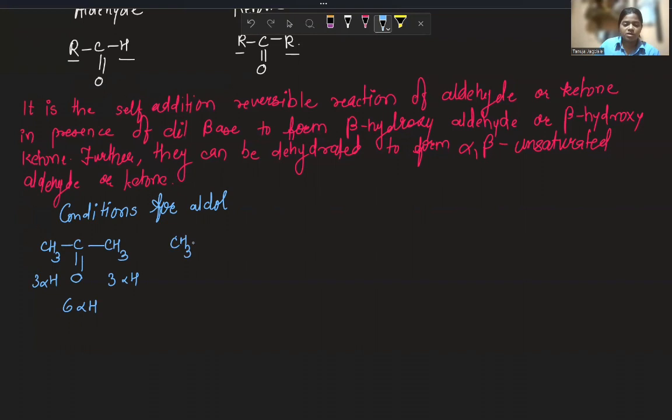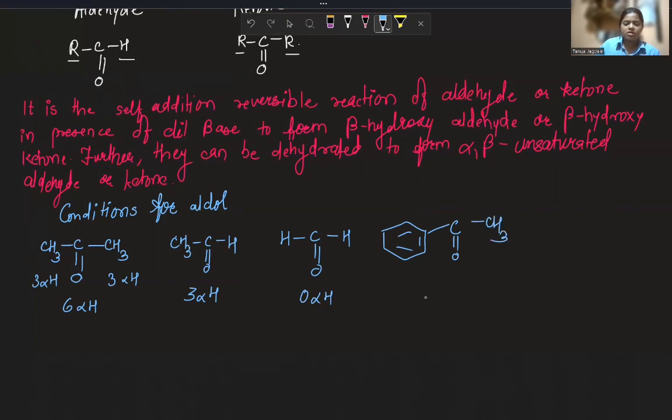The next example is acetaldehyde, where we have 3 alpha hydrogen. Next, formaldehyde, where we don't have any alpha carbon atom, so there are 0 alpha hydrogen. In the next example, acetophenone, there are 3 alpha hydrogen.